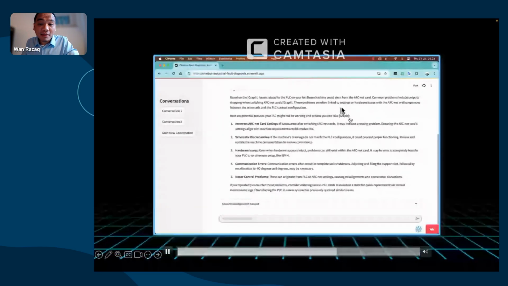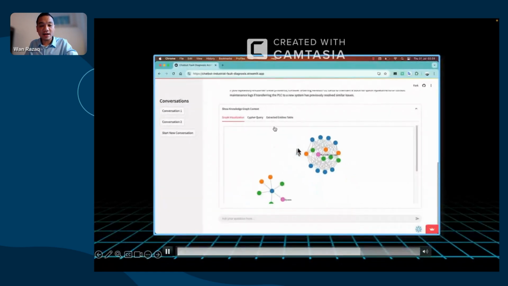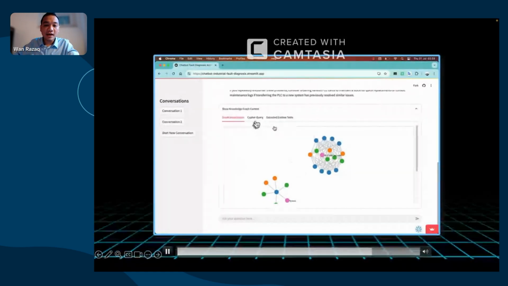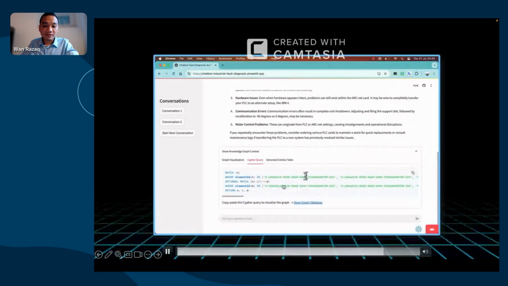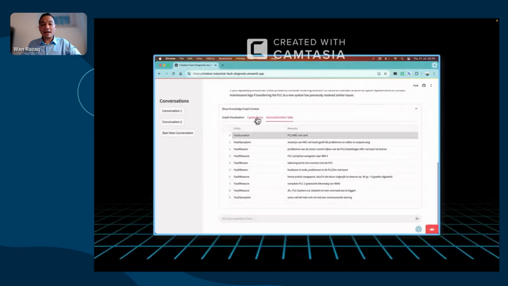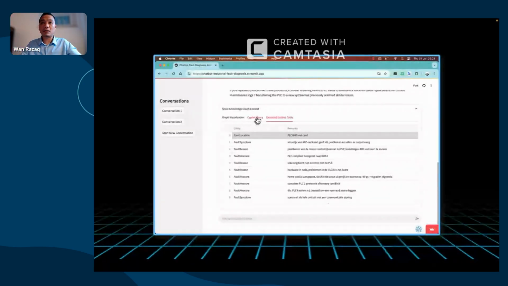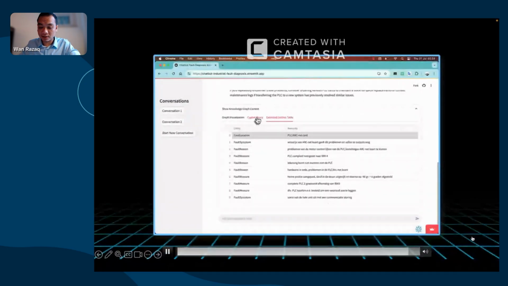And then it shows what the possible reasons are, and there's also a feature for displaying the entities, and also the Cypher query. So users can really deep dive into the Cypher query and each particular graph in Neo4j.